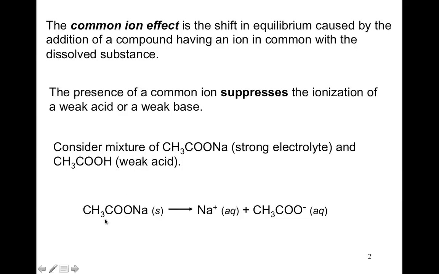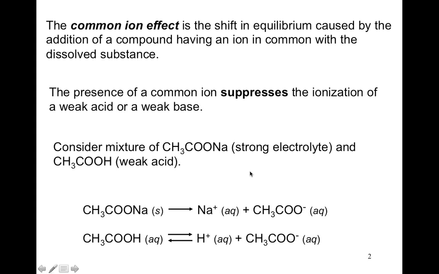And so here's your equation. This strong electrolyte breaks apart into its individual ions, and then we apply that ion, I think it's an acetate ion, I could be wrong. Applying that acetate ion concentration into this equation will actually shift our equilibrium back to the left, over to our acetic acid.